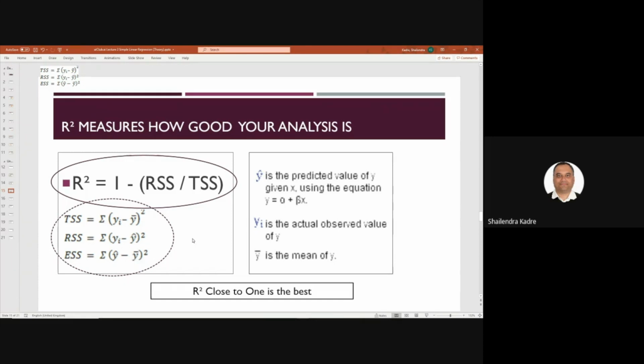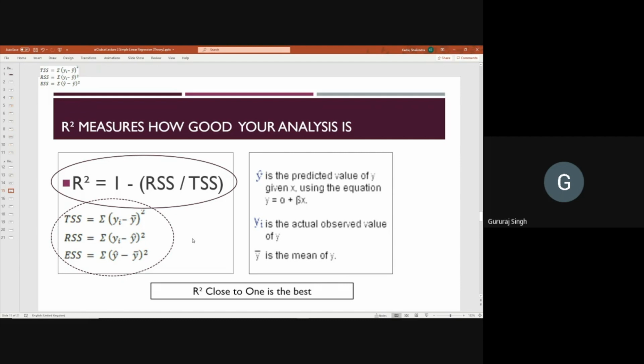Now I will give you one gift, even though I am sitting remotely, if somebody removes this RSS out of this equation. We have 1 minus RSS upon TSS. I want to remove this and re-express this equation.